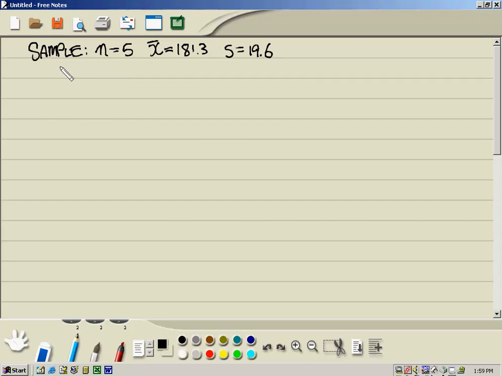Essentially the claim is that he bowls at least 195. We're going to test that claim. But the at least part, which is understood here, means that we're doing a one-tailed test.